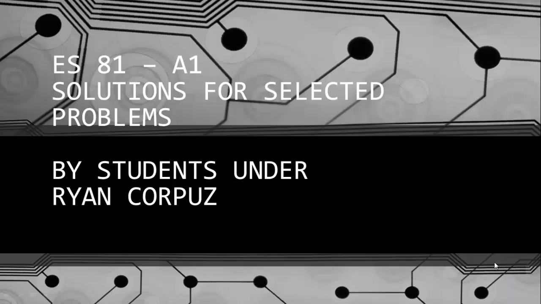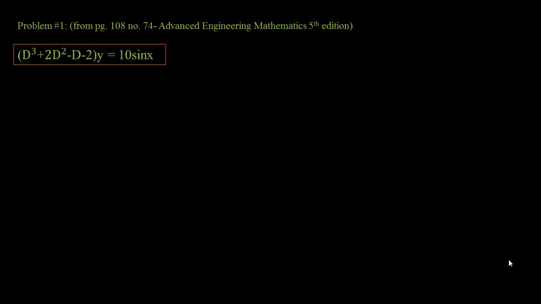We will solve a problem in Advanced Engineering Mathematics, 5th edition. We have here problem number 1: (D cubed plus 2D squared minus D minus 2) times y is equal to 10 sine of x.